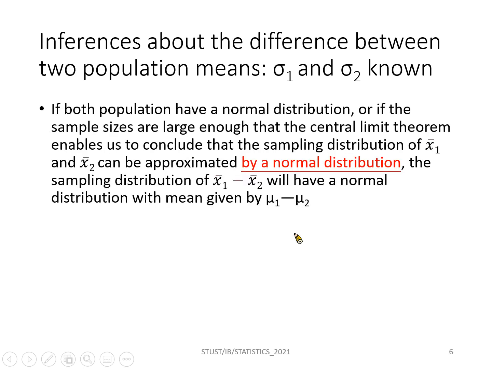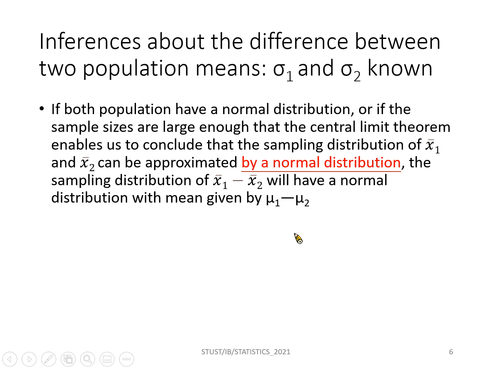So here we would like to make an assumption, that is, if the population has a normal distribution, or the sample size, when you do the sampling, is large enough, then based on the central limit theorem we will say the distributions of x1 bar and x2 bar could be normal distributions.